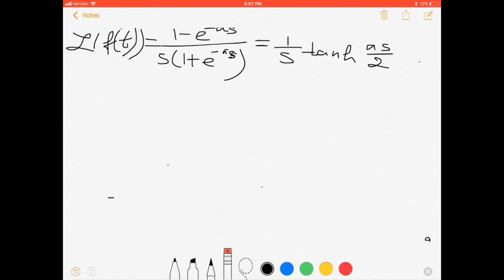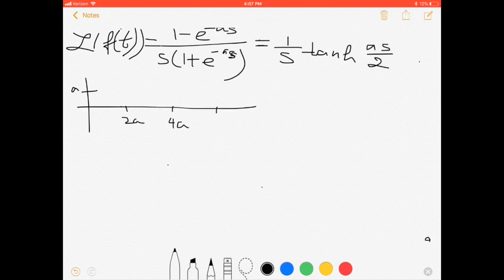Let's see one more example. Let's go, we have a function, this is the graph. This is a, this is 2a, 4a, 6a, and it continues. And we have some triangles here. Consider how we can use the Laplace transformation for this function.